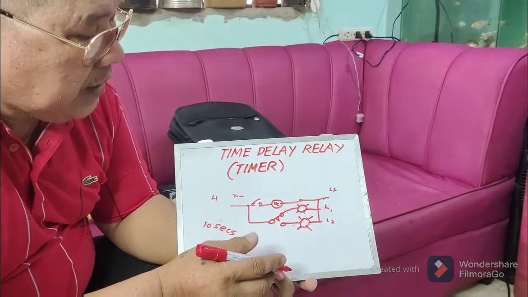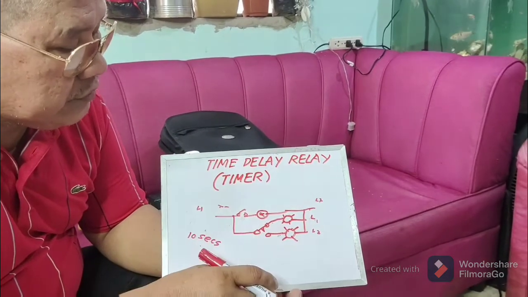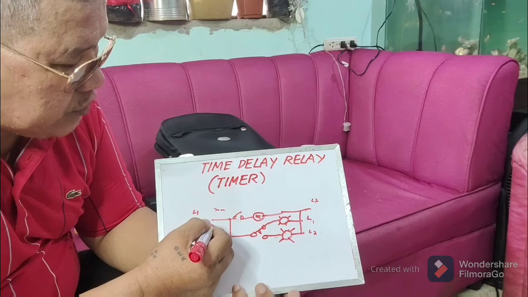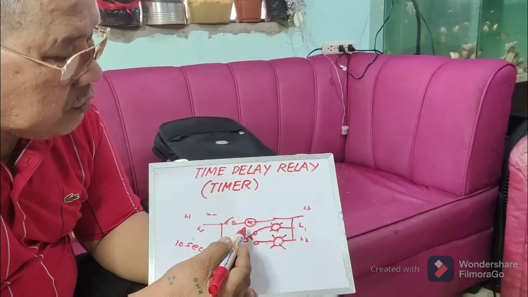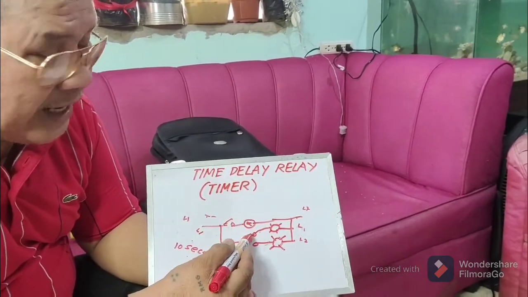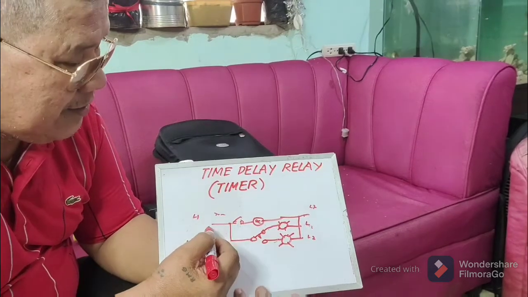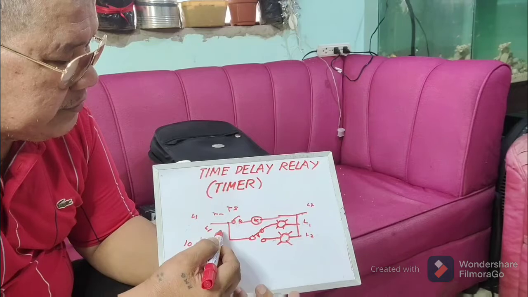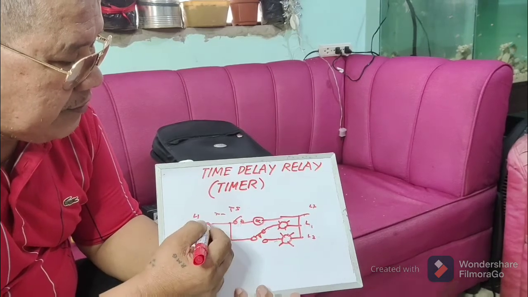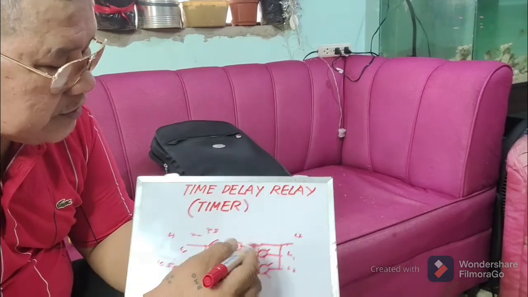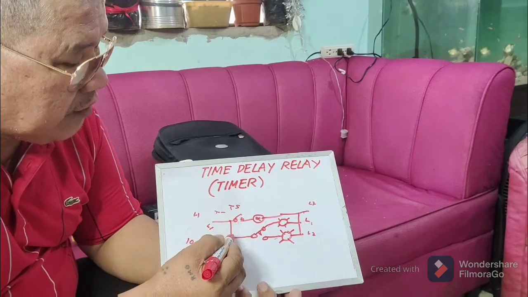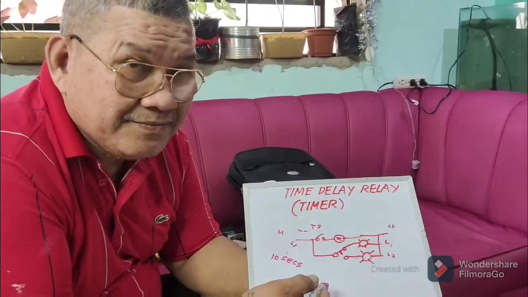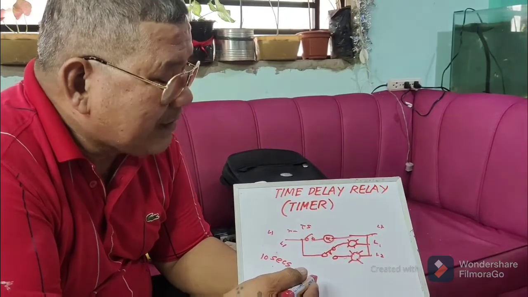In this connection, you will observe that when you energize this to line 1, line 2, lamp number 1 is already lighting, without switching the toggle switch first. I energize this, I put this to line 1, line 2. Then trace the circuit. So lamp number 1 is lighting.